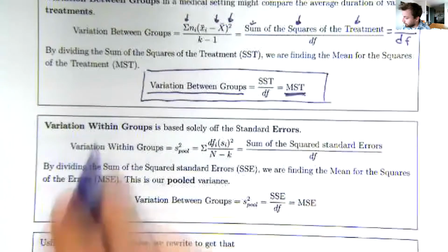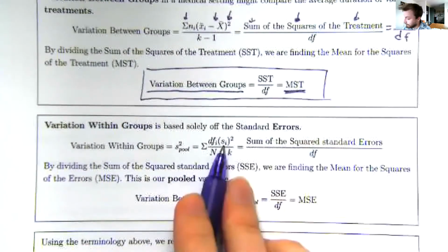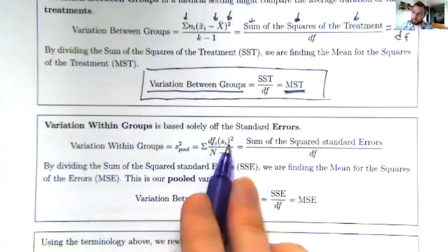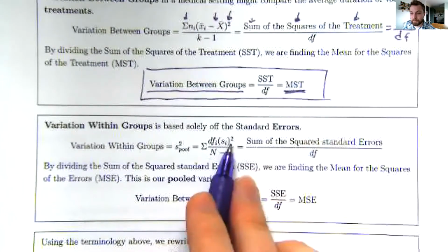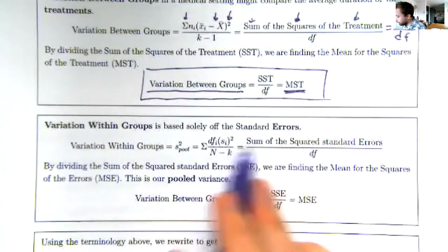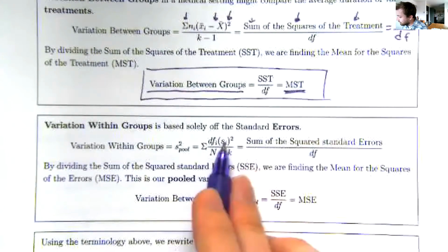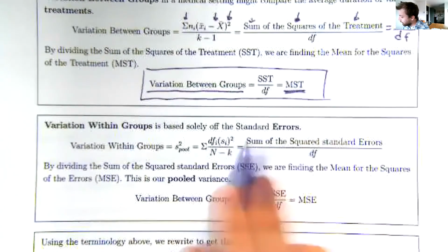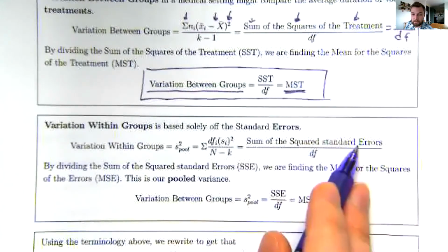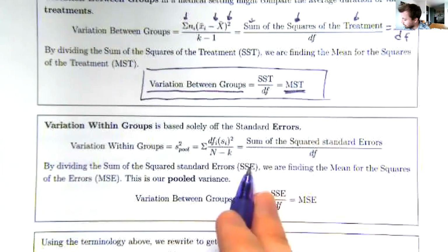The variation within groups was based off of all of these standard errors. We've been calling them standard deviations for samples. So we've looked at the sum of all of these squared errors, the sum of the squares of the errors, the SSE.